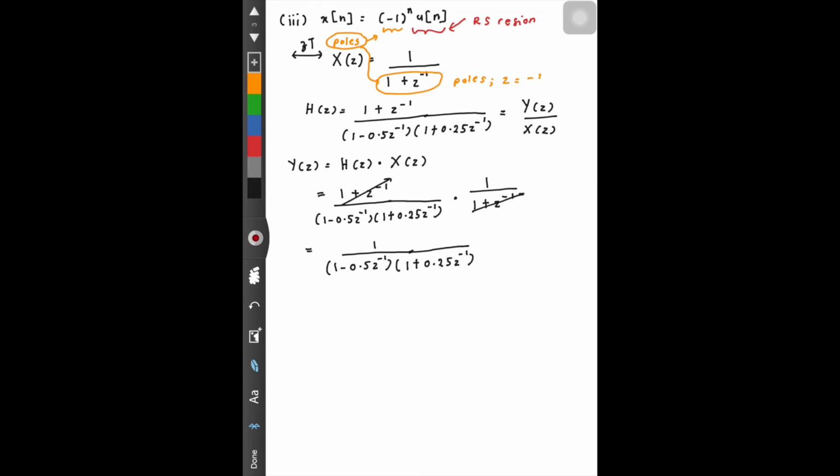The question is you need to determine y[n], so again you need to use partial fraction.